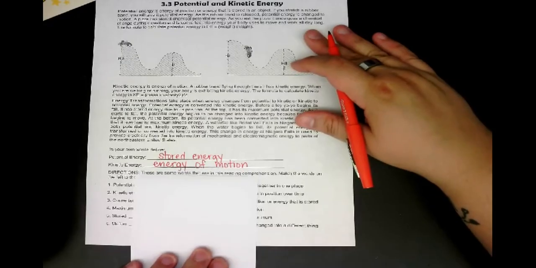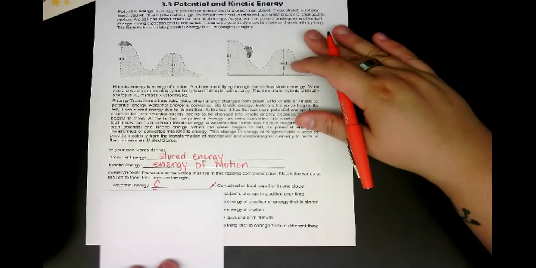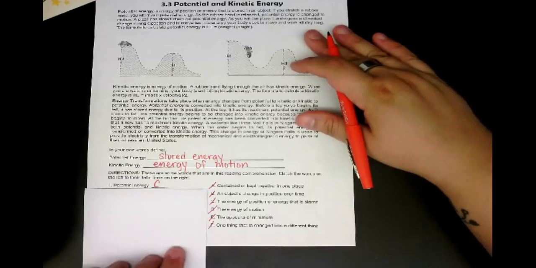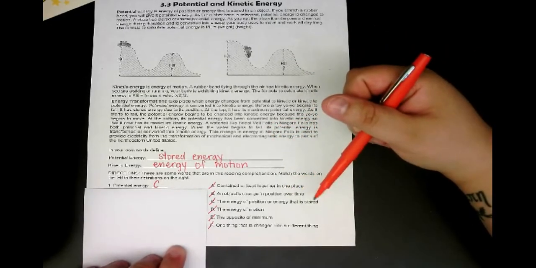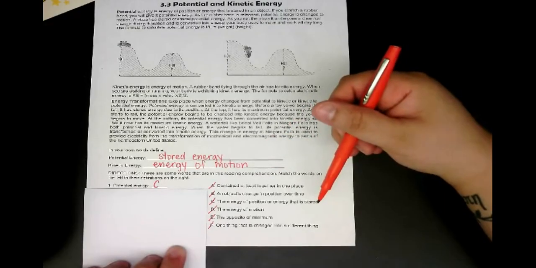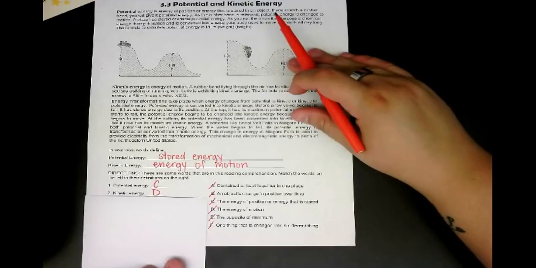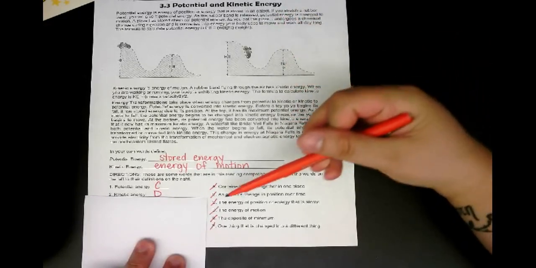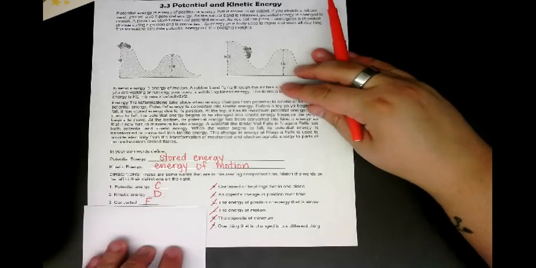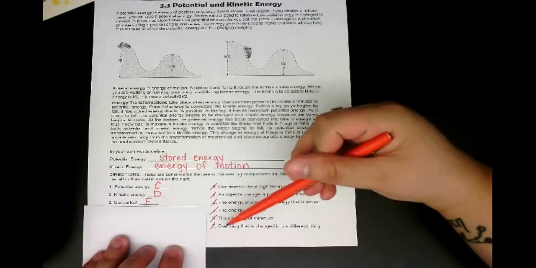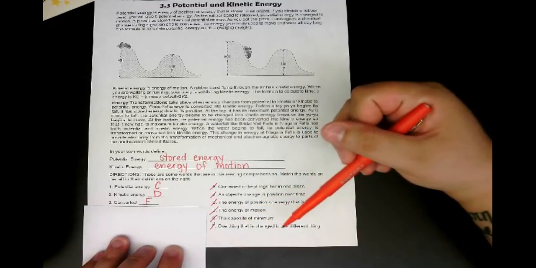Here's what you should have put for the other ones. Potential energy is C, which says the energy of position or energy that is stored. Stored up, it's stored. That was C. Then kinetic is D, which is the energy of motion. Converted is F, which says one thing that's changed into a different thing.